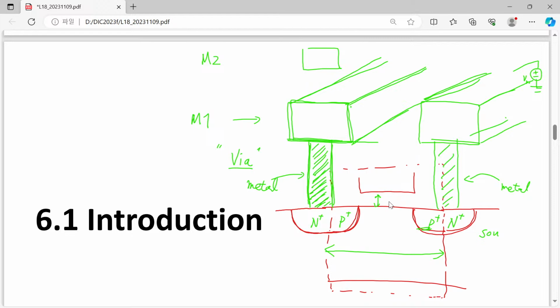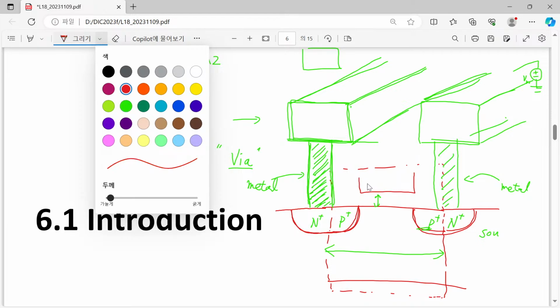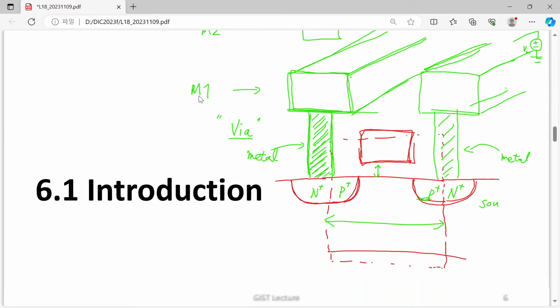This is just nanometer scale, and here we have a metal, and even in this metal case, the size is just several hundred nanometer scale. So they are all in the scale of point something micrometer. However, when you have a look at these M1, M2, and even higher metal lines, the size is no longer in small nanometer size, but is close to the micrometer size. So that is the situation.